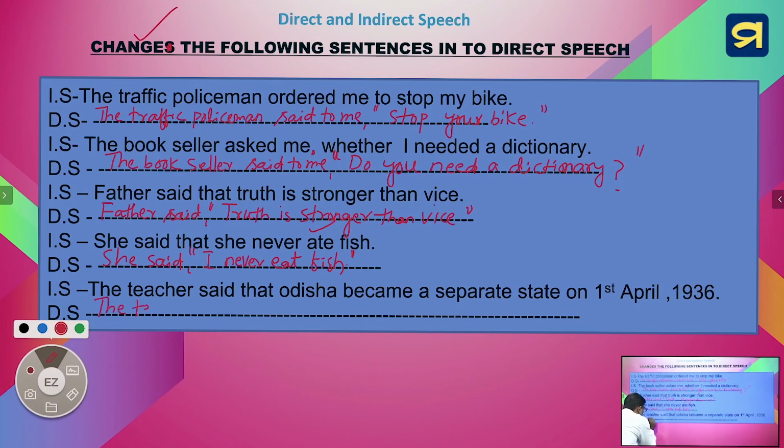The teacher said, "Odisha became a separate state on 1st April 1936."